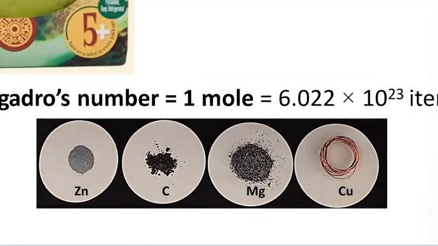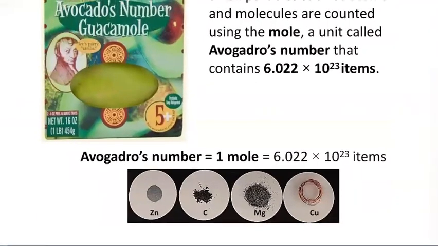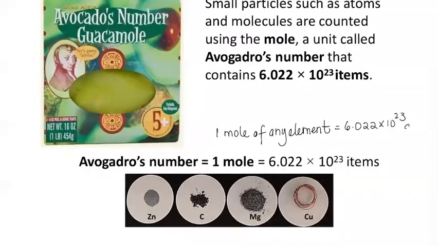Now, because we have 1 mole of each, that means that 1 mole of an element equals 6.022 times 10 to the 23rd atoms of the element.